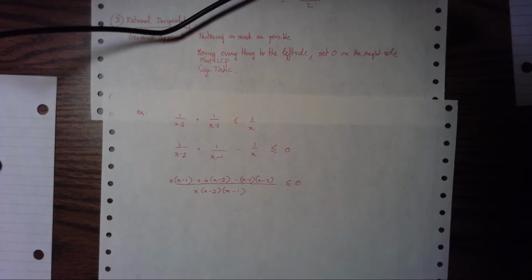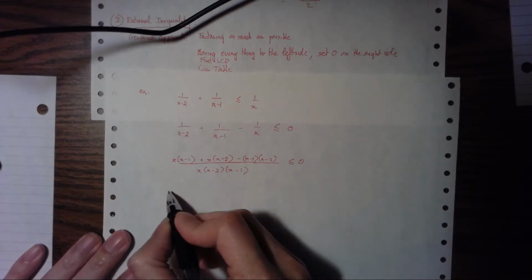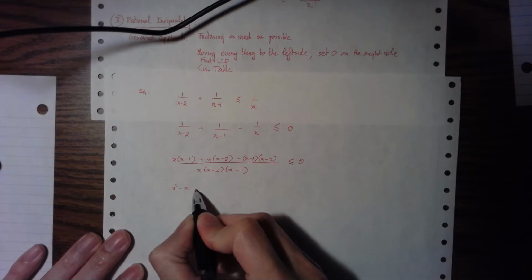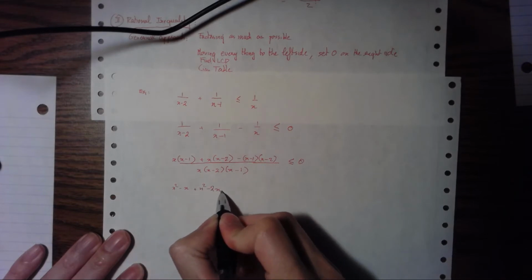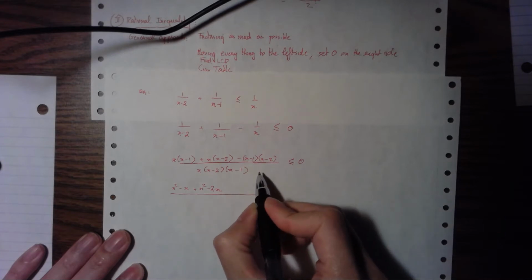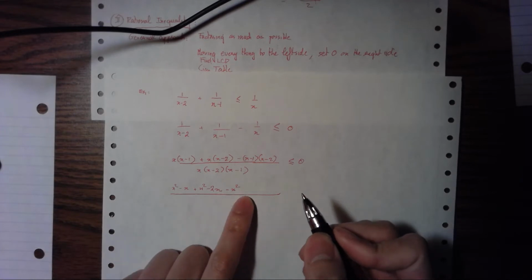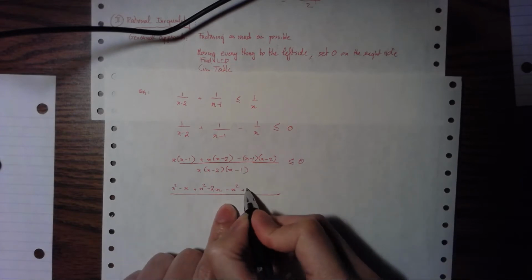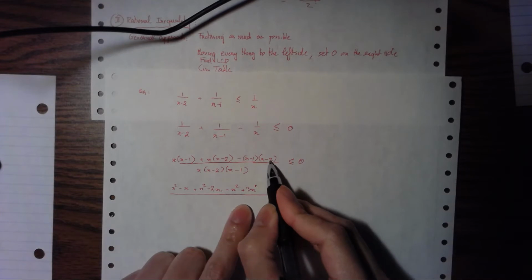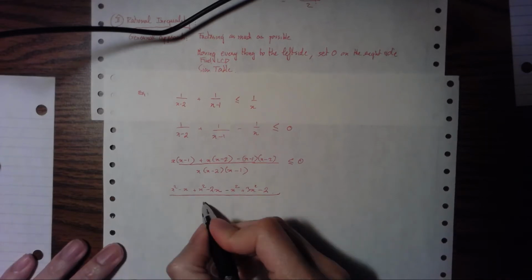Then you distribute and see if we can simplify the top or not. So you can have x squared minus x plus x squared minus 2x, and over here is x squared, so you have minus x squared, so a negative x squared minus negative 3x squared, negative times negative becomes positive 2 minus 2. Then I have the bottom is this.